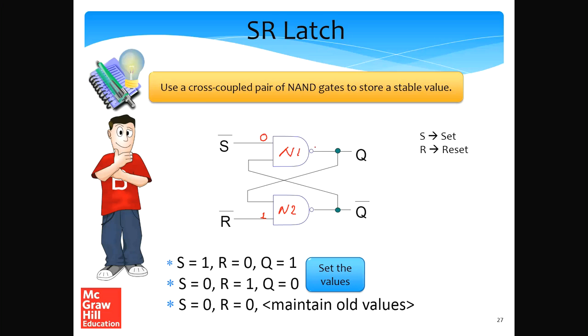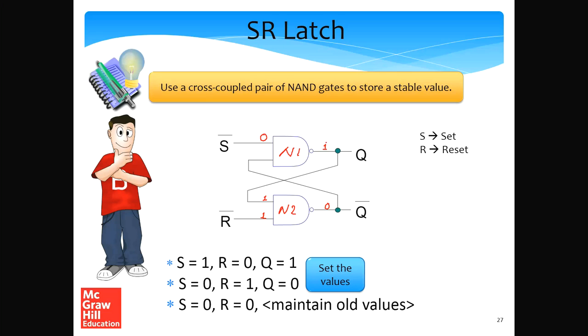So if one of the inputs is 0, we can happily write the output to be 1. Since this is 1, 1 comes over here, and the AND of 1 and 1 is 1, so the NAND of 1 and 1 is 0. Again 0 goes there, and the NAND of 0 and 0 is 1. So it's a stable system.